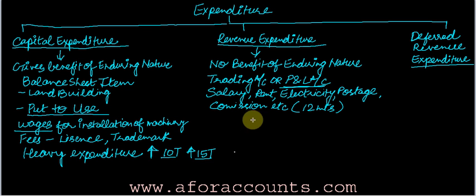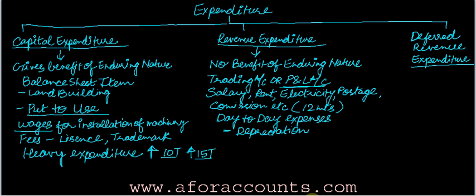Okay, now moving on to revenue expenditure. I have already told you, the day-to-day expenses, routine in nature, are termed as revenue expenses, such as purchase of stock or material. Then if I apply depreciation on my fixed assets, that is revenue in nature.